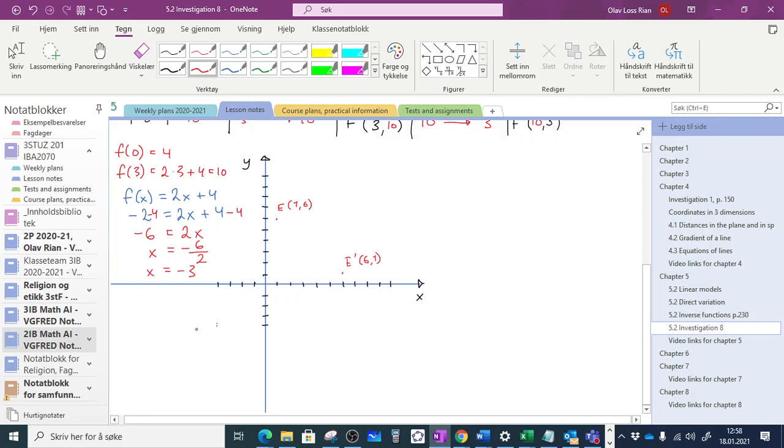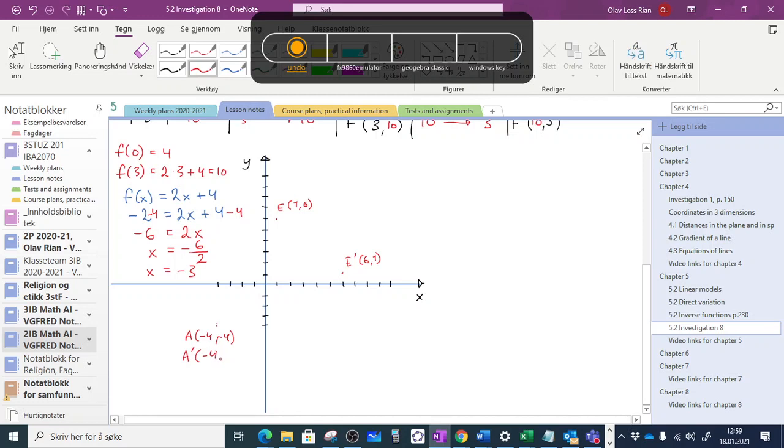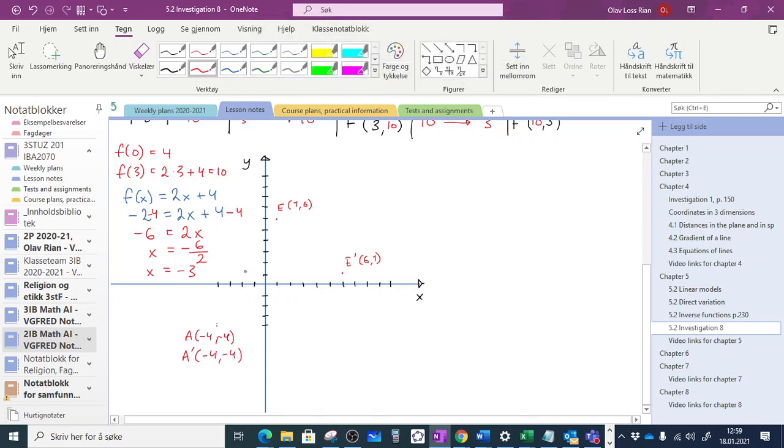That's it. A minus 4, minus 4, and A marked minus 4, minus 4, like that. Okay. Let's try to draw a straight line from here to here. It's not too bad.